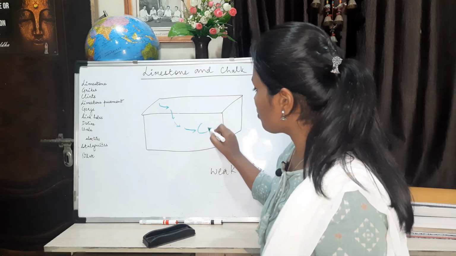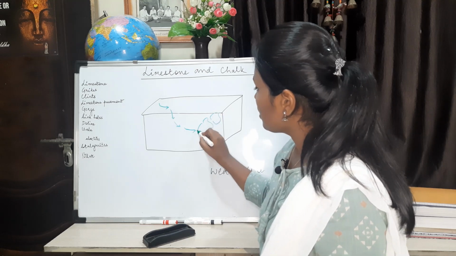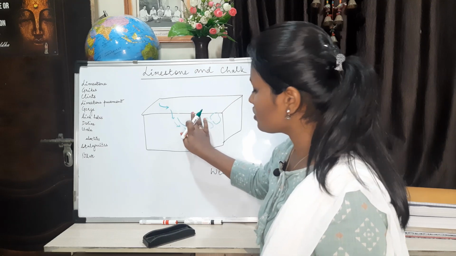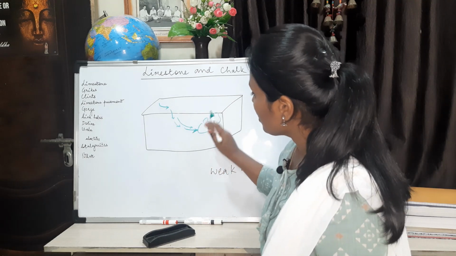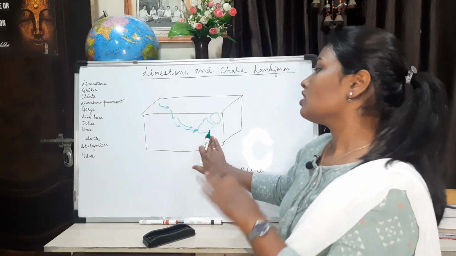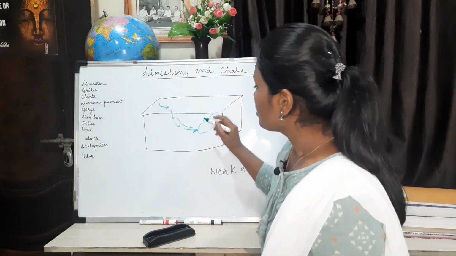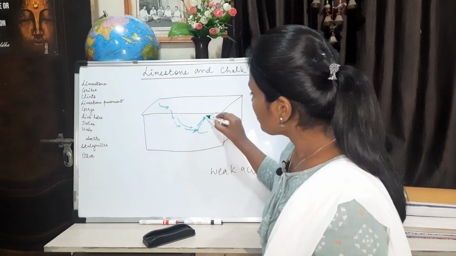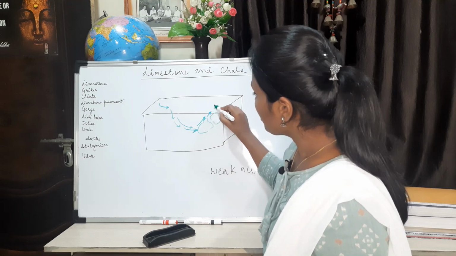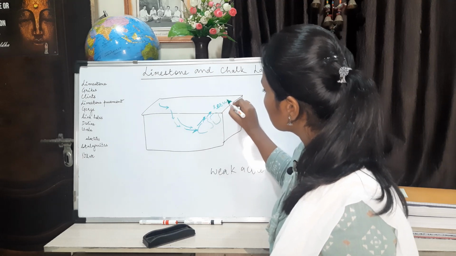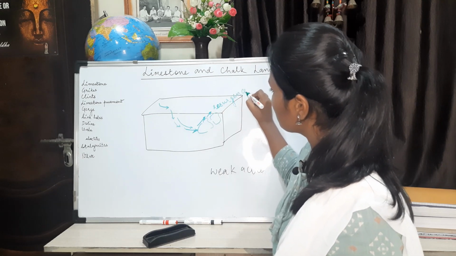It could be any hard rock. It will get collected over it, weaken the surface, and if it comes in contact with any obstruction, this water will try to come upwards and re-emerge on the surface. So this is called resurgence.